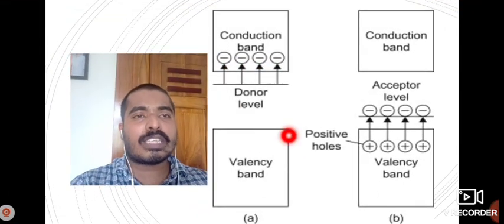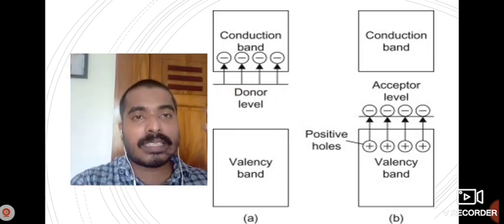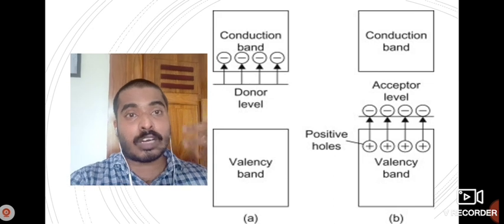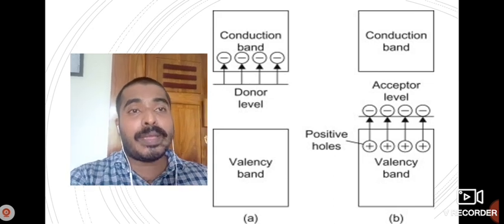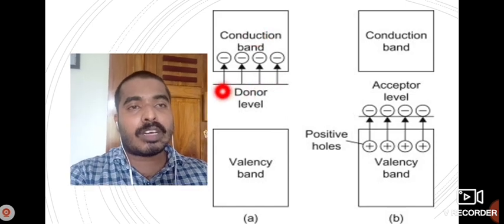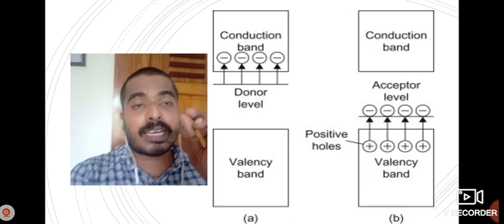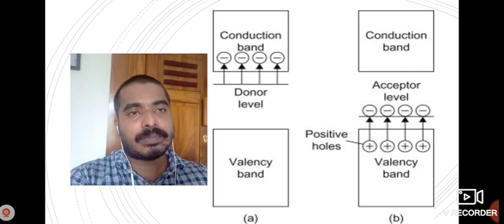The difference is, for N-type semiconductor there is a donor. N-type means excess electrons are present. So there will be a donor level near the conduction band. Electrons present in this donor level will move to the conduction band. That's why N-type semiconductor is a good semiconductor.